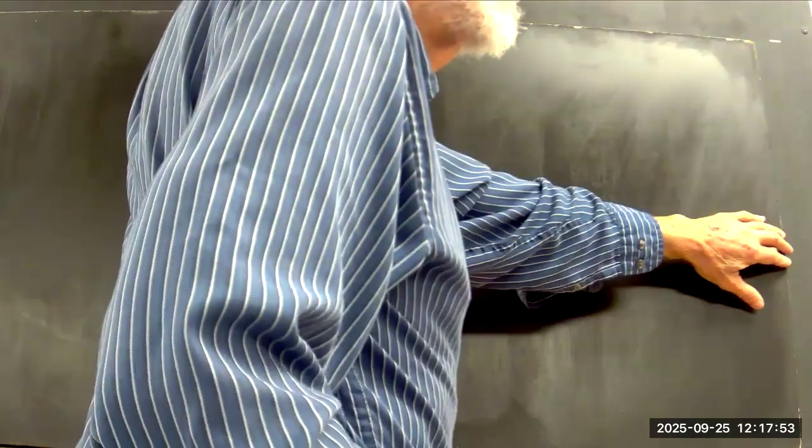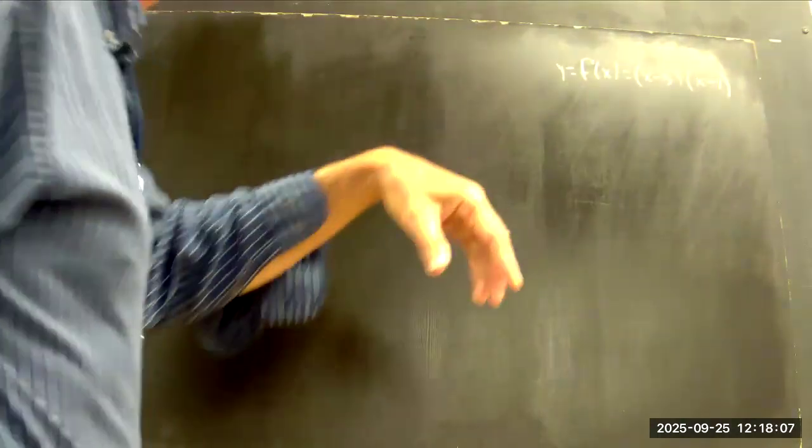Let's say you have y equals f of x equals x minus 5 times x minus 1. This is factored form.